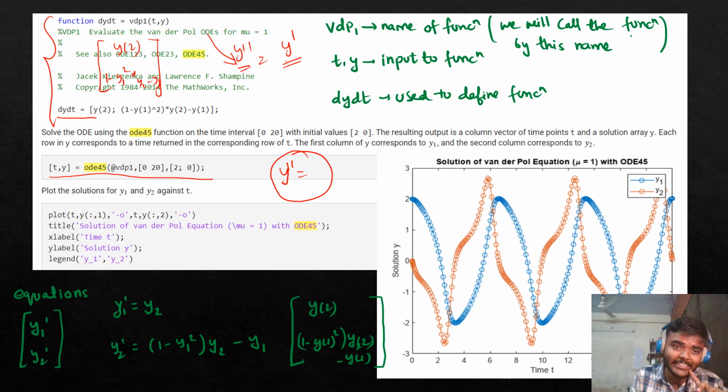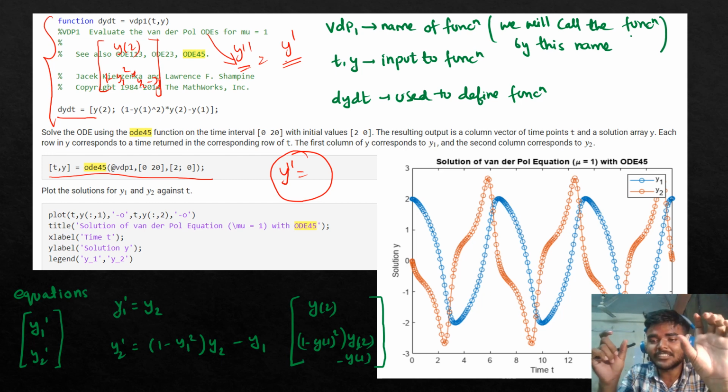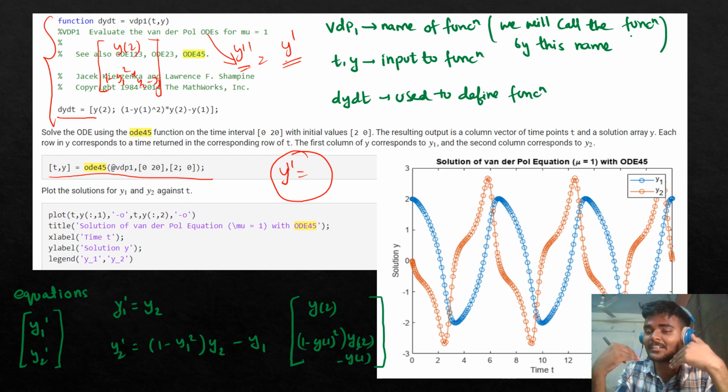In this function, we are defining a one column vector. So dy by dt is one column vector. Now I told you one example, na? Vikram example. So Vikram knows to fix mobile. So this function has this particular column vector.